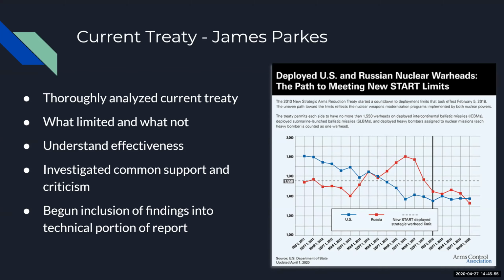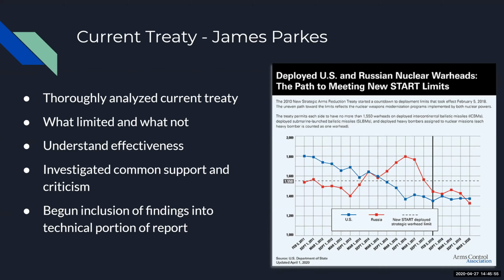Also, just for point of reference, you can see from the Arms Control Association on the right one bit of data that we'll be including in our presentation and in our write-up: that we have in fact already met the limits and actually exceeded, decreasing beyond the limits of the New START Treaty as of February 2018, as the treaty specified.